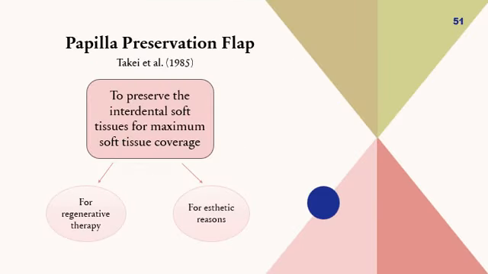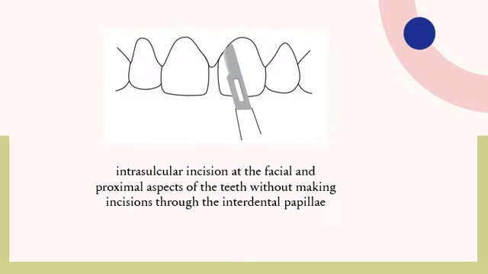Finally, I want to talk about the papilla preservation flap, which was described by Takei in 1985. Its main aim was to preserve the interdental soft tissue for maximum soft tissue coverage in the interdental area, which can be used for regenerative therapy or for aesthetic reasons. So the incisions here are intrasulcular without making incisions through the interdental papilla.